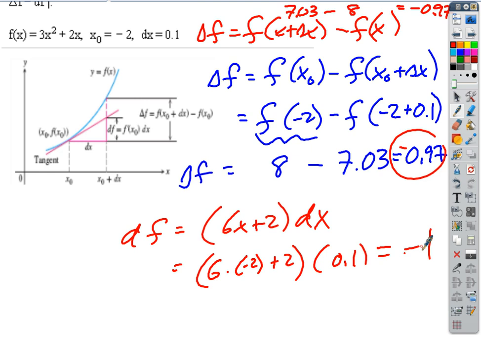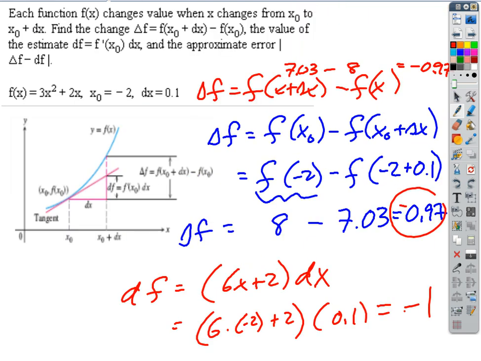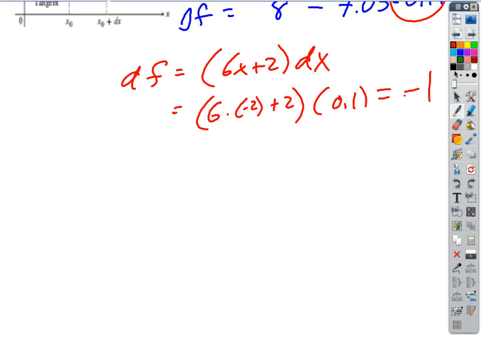So it wants the absolute value of delta f minus df. The absolute value of negative 0.97 minus negative 1 is the absolute value of 0.03, which is just 0.03.